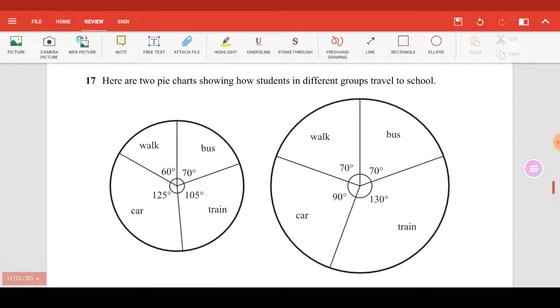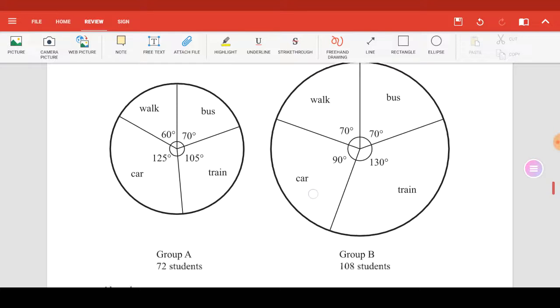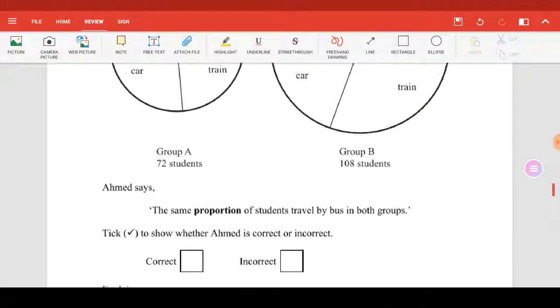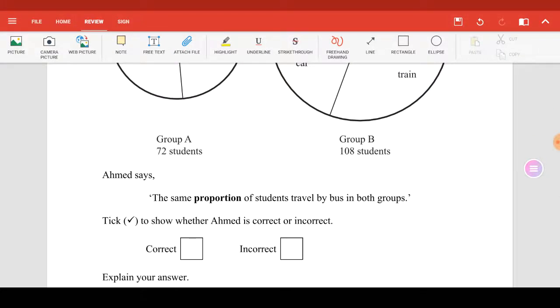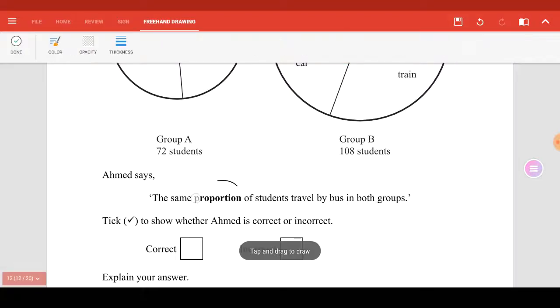In this question, here are two pie charts showing how students in different groups travel to school. There are two different groups. Ahmed says the same proportion of students travel by bus in both groups, and he is asking about the proportion in the same group.